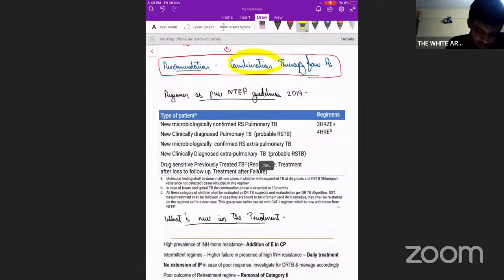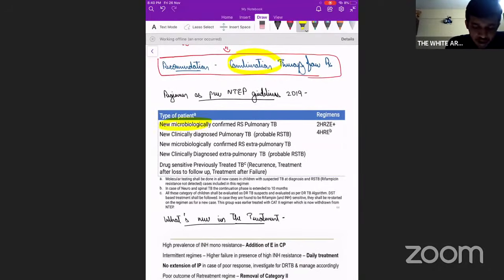Under this comes newly microbiologically confirmed pulmonary tuberculosis, newly clinically diagnosed pulmonary tuberculosis, newly microbiologically confirmed extrapulmonary tuberculosis, or newly clinically diagnosed extrapulmonary tuberculosis. These are the new set of patients that have been included. They are drug sensitive, previously treated tuberculosis.